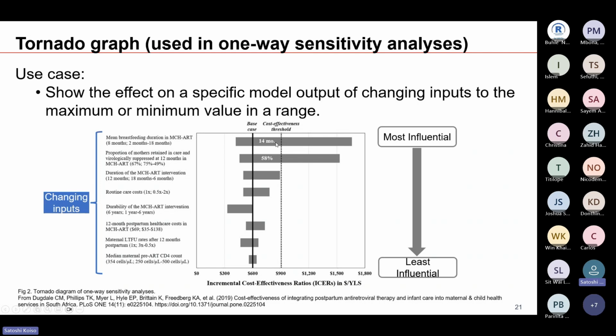The result of the model runs would change across this range. The general rule for a tornado plot is to arrange the parameters from most influential at the top to least influential at the bottom.